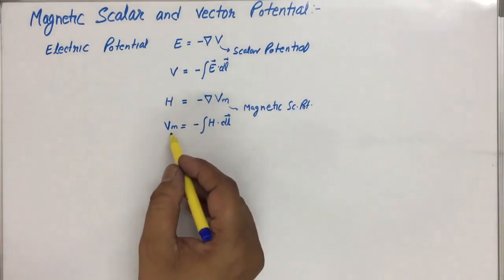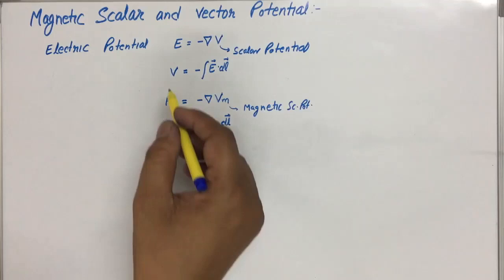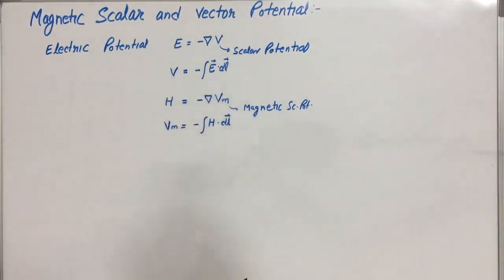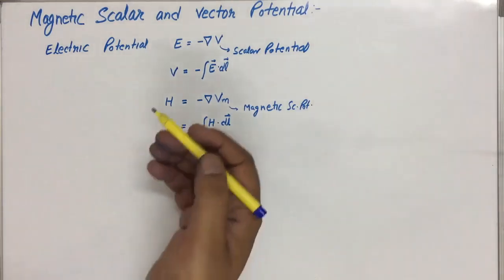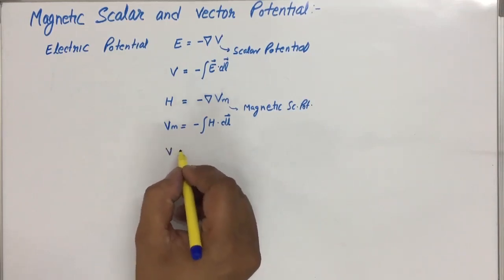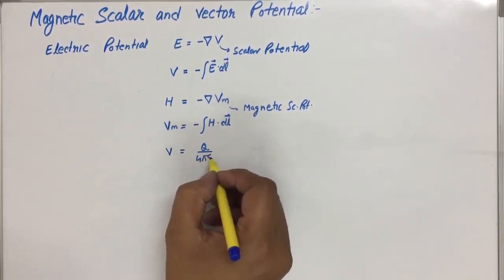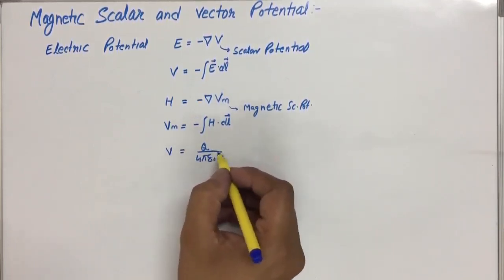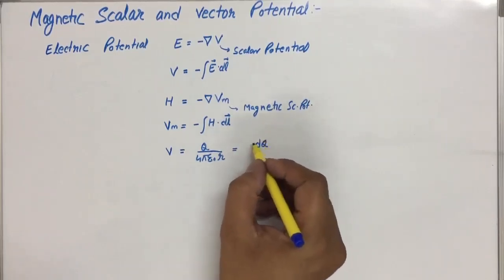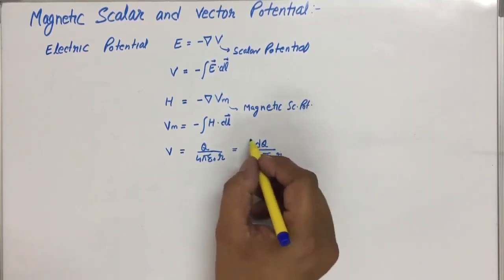This is the magnetic scalar potential, completely similar to electric scalar potential. And following this, in electrostatics we have the potential equal to kq by r, and for a small charge we have dQ by 4 pi epsilon naught r for the full charge.